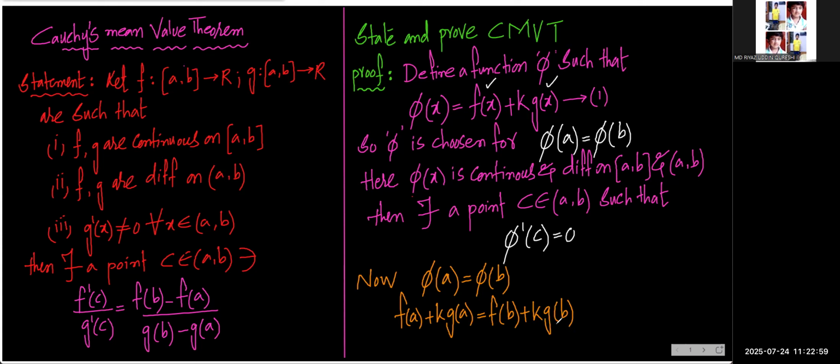We'll simplify this. F of a plus k into g of a is equal to f of b plus k into g of b.